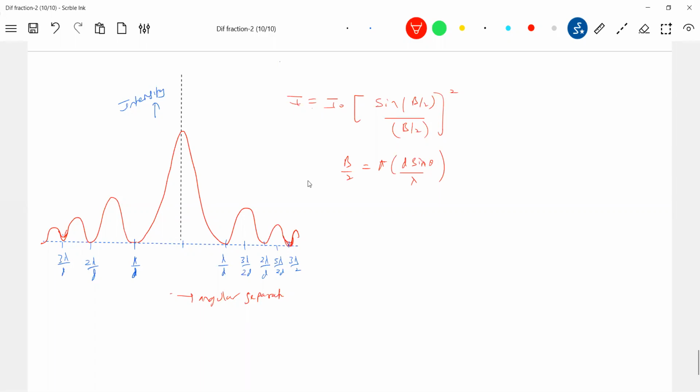What is beta? Beta is the phase angle, and theta is the angular position.